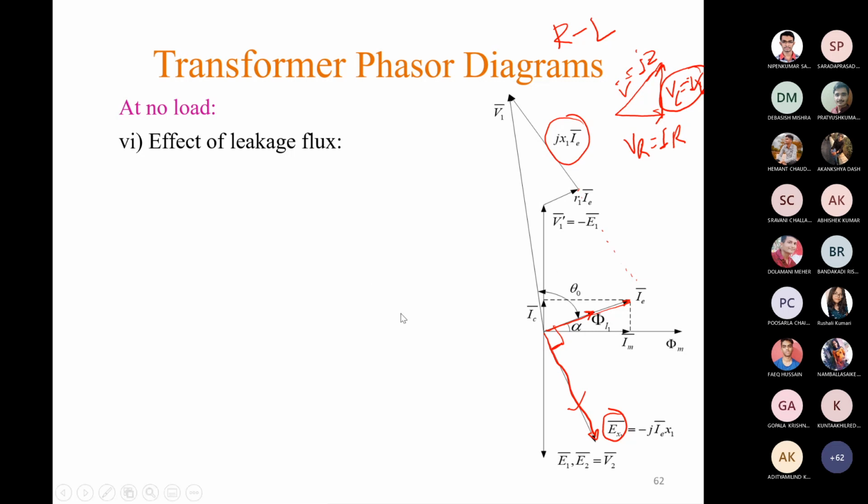Since there is no physical existence of EX1, this is a fictitious quantity, but since this voltage drop due to this leakage flux is reactive in nature, we are considering it as the product of the exciting current, I mean the current flowing through this winding, and some reactance value. So for primary it is denoted by the symbol X1. Is it clear up to this?